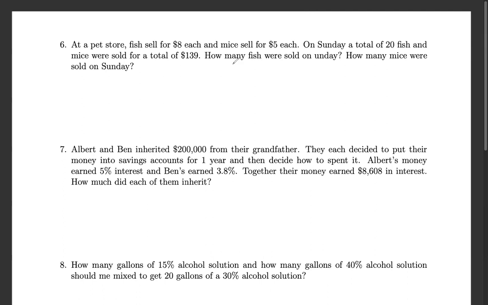Okay, let's call F the number of fish sold on Sunday and M the number of mice sold on Sunday. So we know a total of 20 were sold. That means F plus M equals 20.